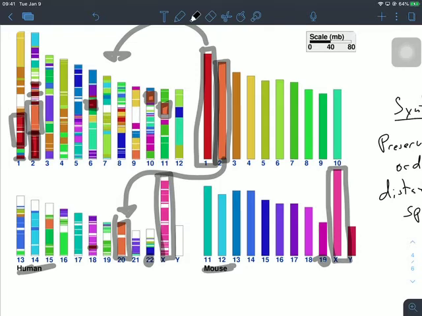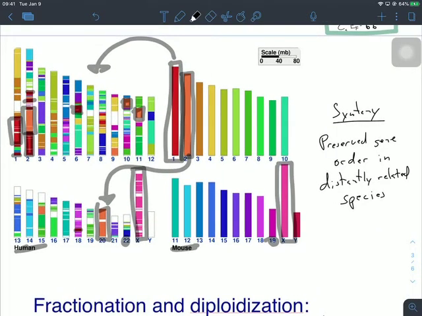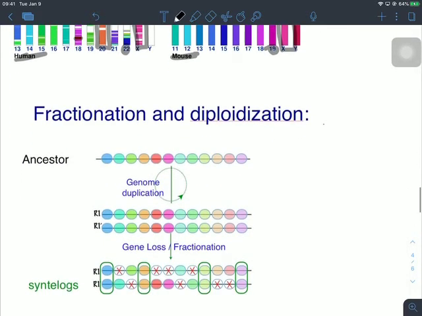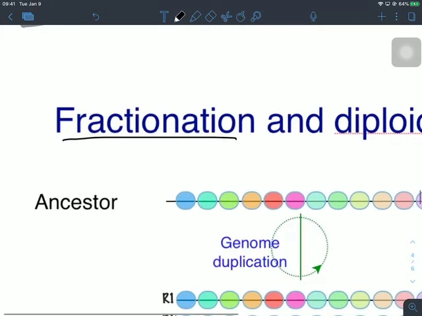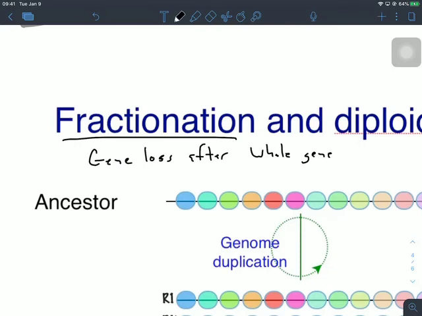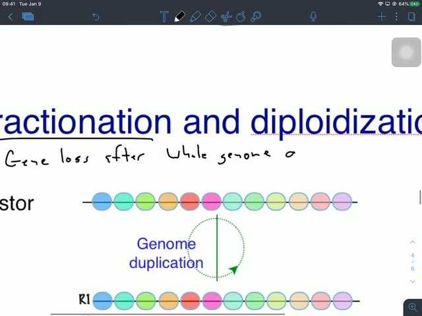So this is why we make recombination maps for different organisms. Now, this history of genome restructuring can be analyzed by synteny, but also by looking at the process of fractionation. And fractionation is gene loss after some sort of whole genome duplication event.